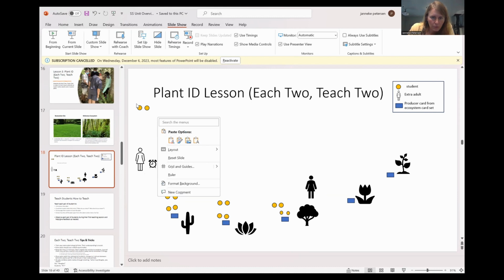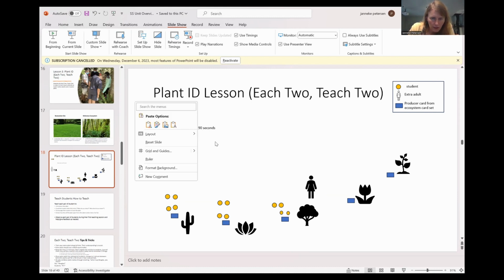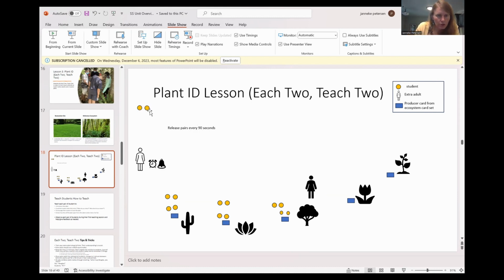You probably have 20 to 30 students in your class. So this goes on for longer than I'm showing here. But these guys are going to walk down the trail just like everybody else did. These guys also heard the bell. So they're walking down the trail.